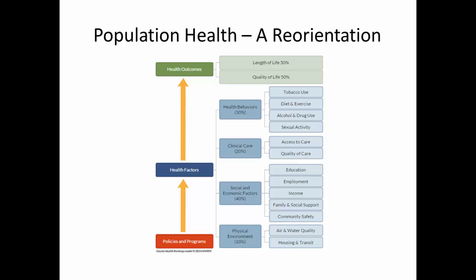And so what population health does is it reorients the physician and the provider away from thinking that their care is the end all, and helps the physician and provider community to start thinking through, where can we influence, outside of clinical care, the health behavior and other issues related to patients.